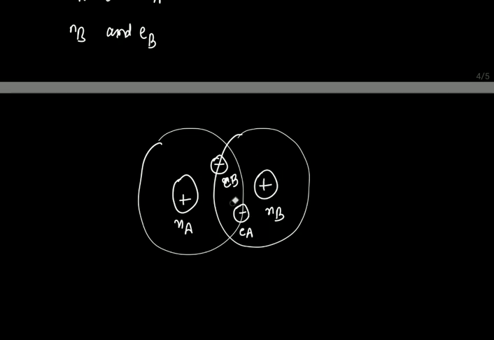So this is what we call overlapping of atomic shells, or to be more precise, subshells, orbitals. In reality it's orbitals only, but over here, just for basic understanding, we can say that shells are getting overlapped. So this is how we show it.